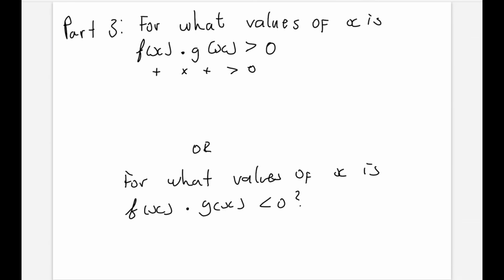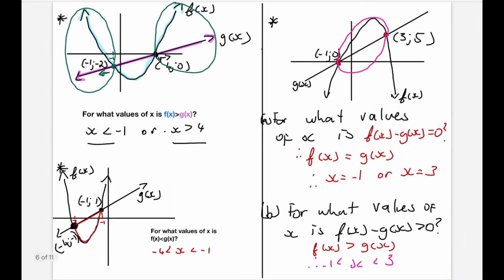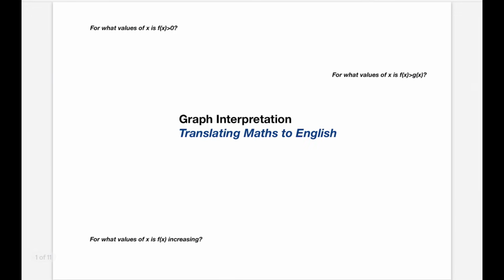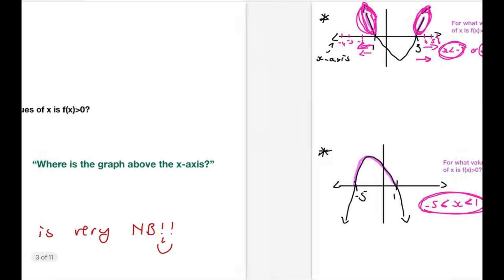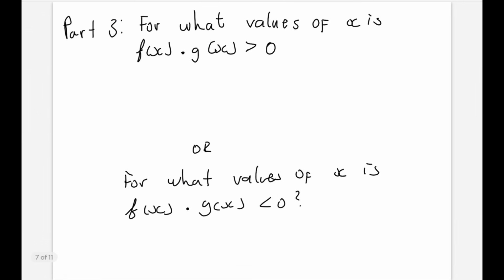So that said, what this question means is we're just looking for the parts of the Cartesian plane where both f and g are positive. What does it mean when we say a graph is positive again? That means it's above the x-axis. Remember we said f of x is greater than 0. In other words, f of x is positive just means above the x-axis.